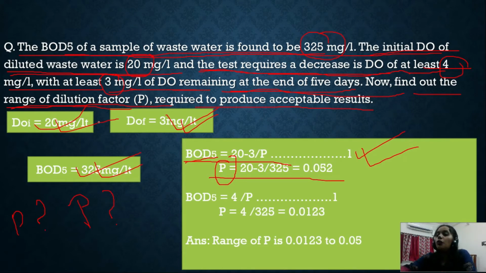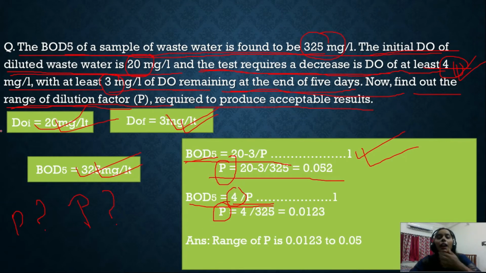That means initial value minus final value gives the decrease of dissolved oxygen, which is 4. So for getting the second value of the dilution factor, can we use 4 by P? Is this correct? You tell me, students. Yes, of course. Because what is 4?